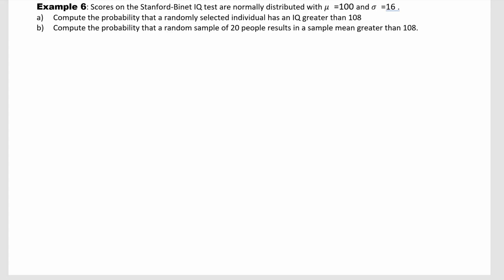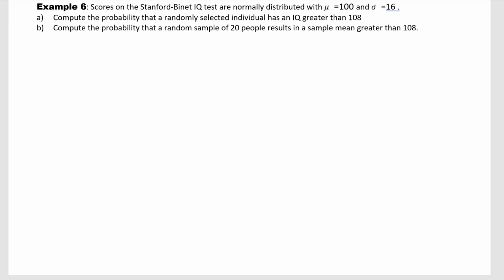Part A, compute the probability that a randomly selected individual has an IQ greater than 108. Part B, compute the probability that a random sample of 20 people results in a sample mean greater than 108.